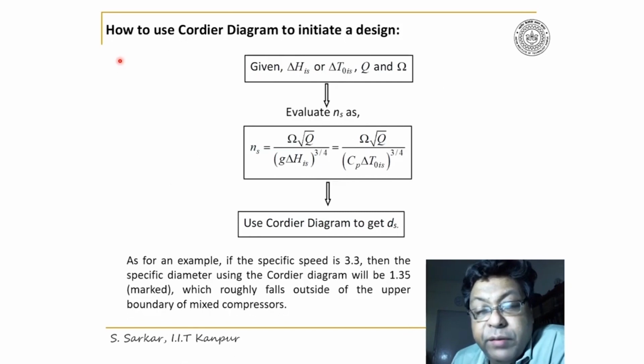Here I'll give you an example of how to use the Cordier diagram to initiate the design. To a designer, generally the following information will be known to him: delta H,is, that is isentropic heat rise or drop across the machine, or delta T0,is, and Q and omega.